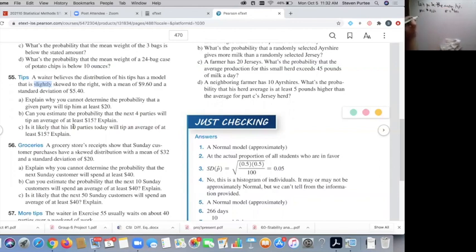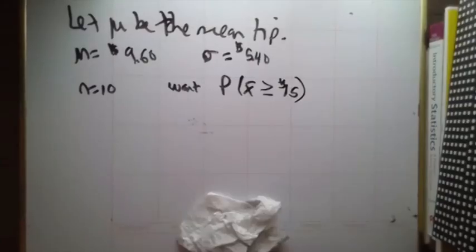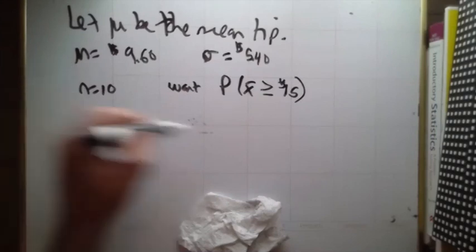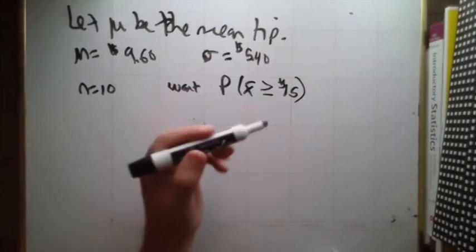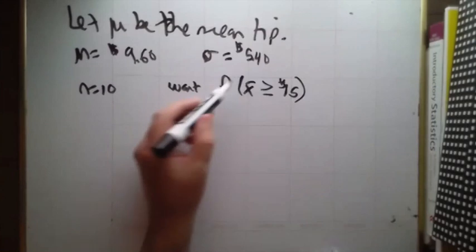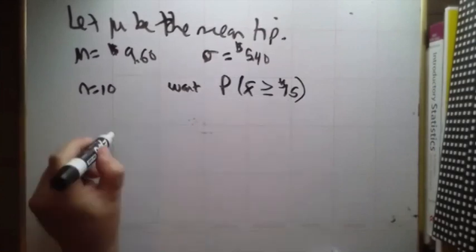Now we're going to look at a sample of size 10, and I want to know the probability that his average is more than $15. So I identified my variable. I want the probability that the average of the next 10, not the next person, who could be all over the place, but the average of the next 10, is more than $15.